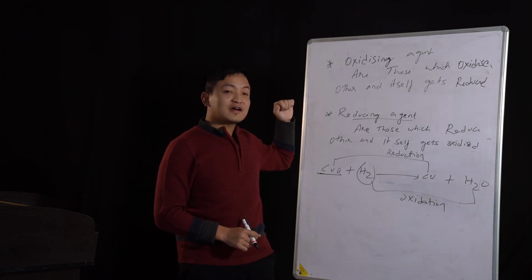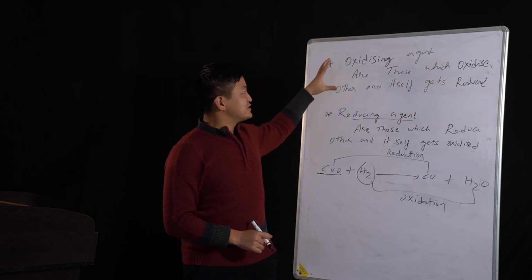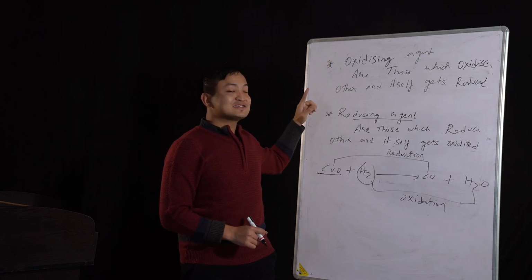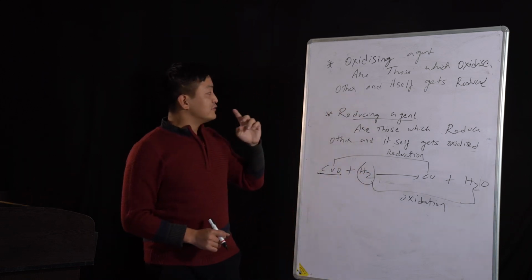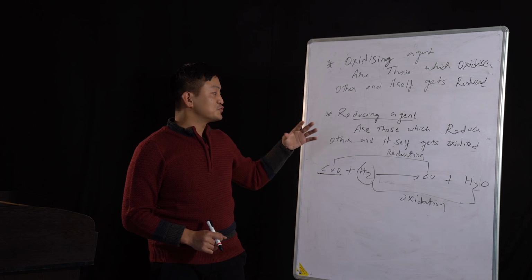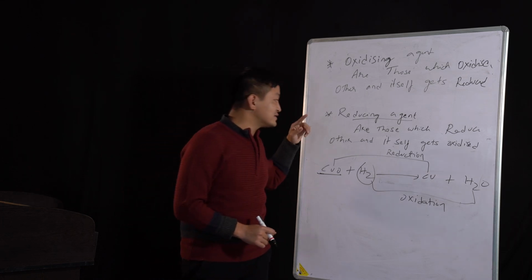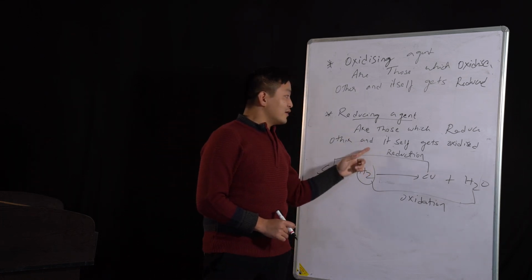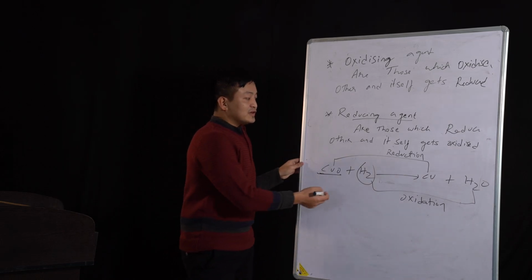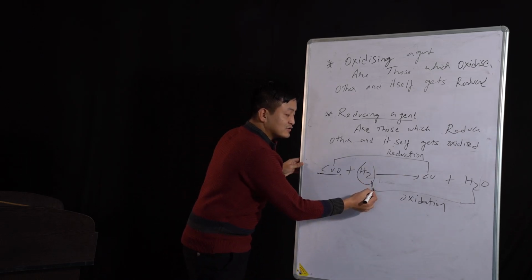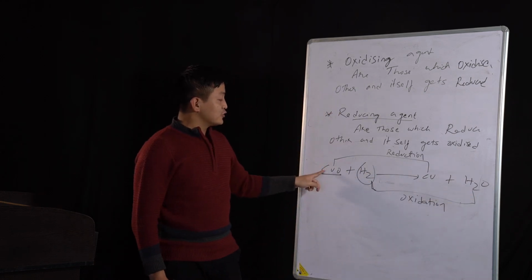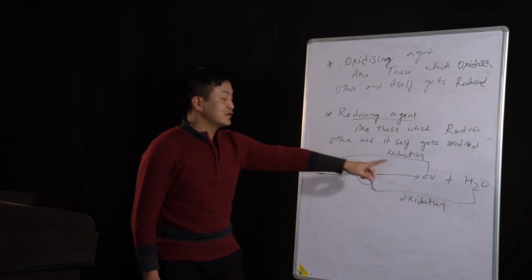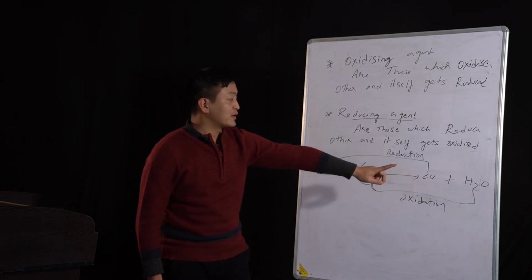If you are clear with this point, the next topic would be oxidizing agent and reducing agent. Oxidizing agents are those which oxidize other and itself gets reduced. And reducing agents are those which reduce other and itself gets oxidized. So here, hydrogen gets oxidized and cupric oxide gets reduced to copper.